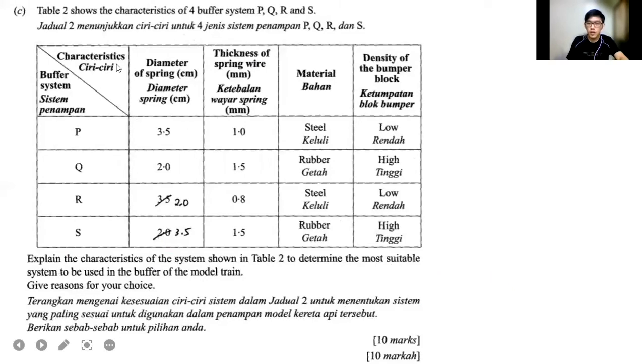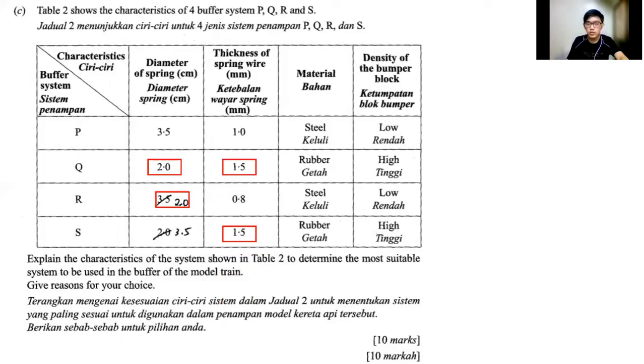So to choose the diameter of the spring, as we know, this is for safety measure. So our spring must be harder and stiffer. To increase the stiffness, a small diameter must be chosen, which is Q and R. After that, the thickness of the spring must be thick.